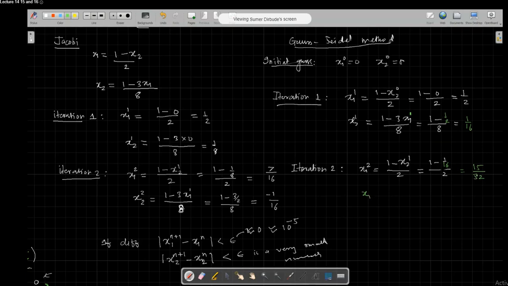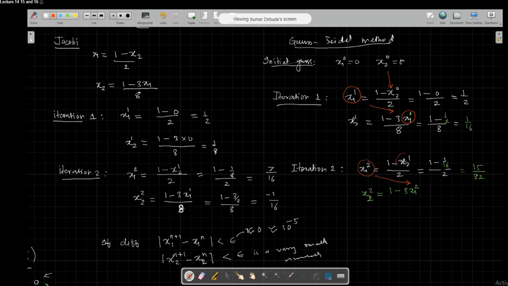And x2 2 is equals to 1 minus 3 times x1 2, this one. So I again make it a point here that we are using this value, the latest value. This is used here.